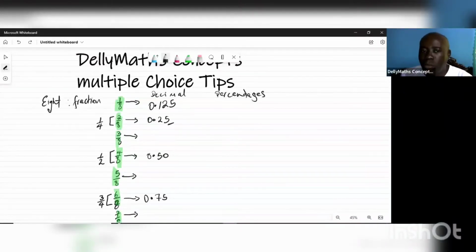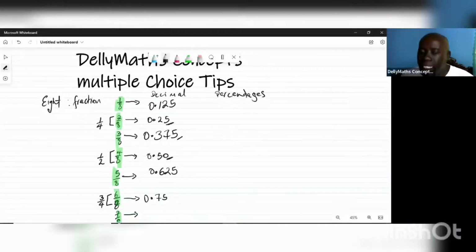So if I add 0.125 to 0.25, I'll get 0.375. If I add 0.125 to 0.375, I'll get 0.50. You could check it. If I add 0.125 on 0.5, I'll get 0.625.